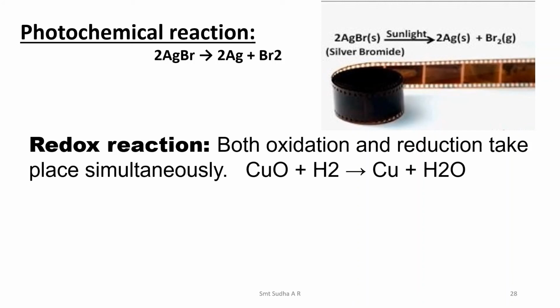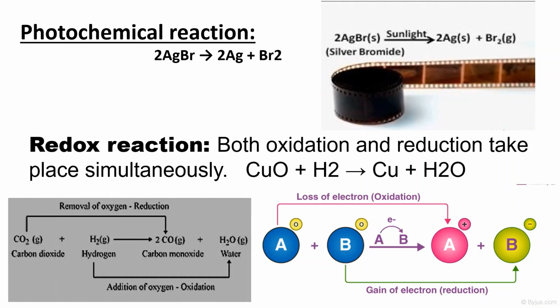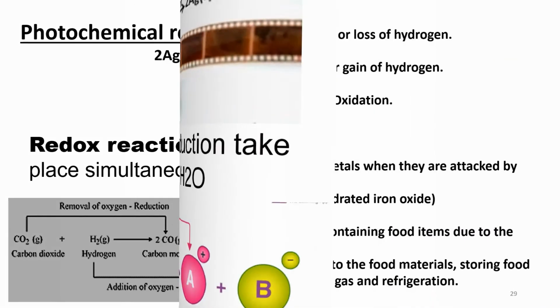Here are the examples you have learned, and this picture helps us understand the loss of electrons in oxidation and gain of electrons in reduction. Here also is one example which helps us understand oxidation and reduction.